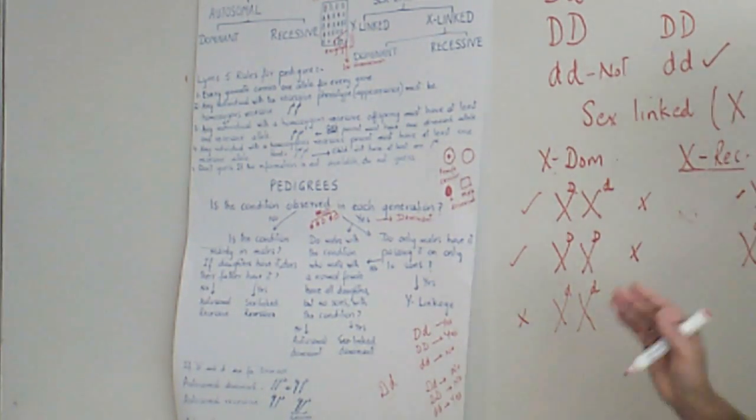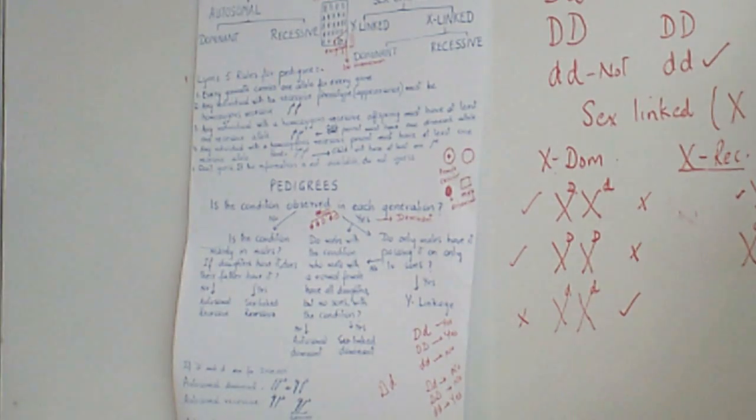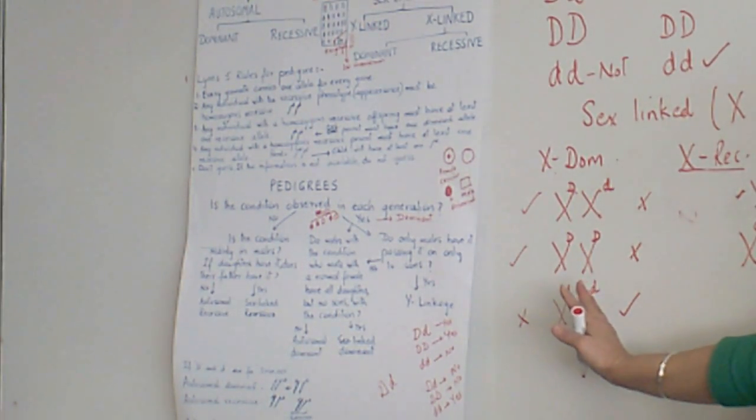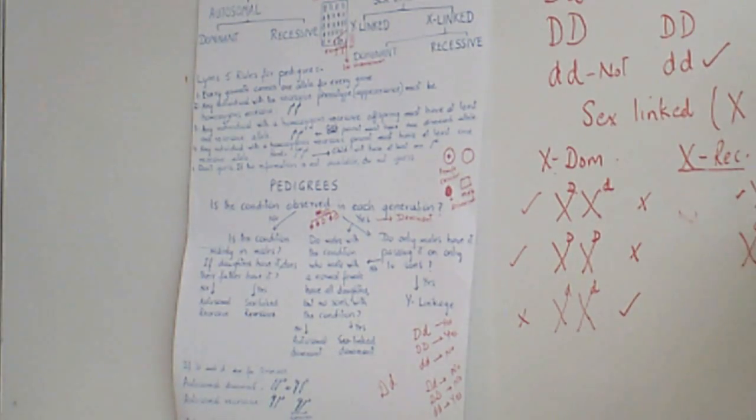Right? The third type is Y-linked. This one's easy to understand because Y is present only in males, so there's no chance of a female getting it. That's one thing. The other thing is, if the Y is affected, so if that's a male, if the Y is affected, you can put a capital D or small d, whatever. So if the Y is affected, the male must get it, right?